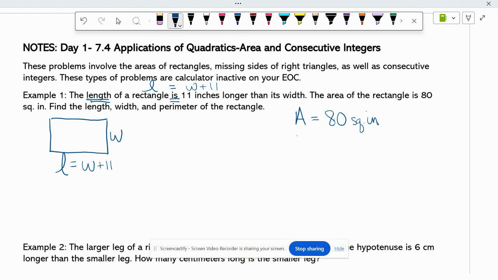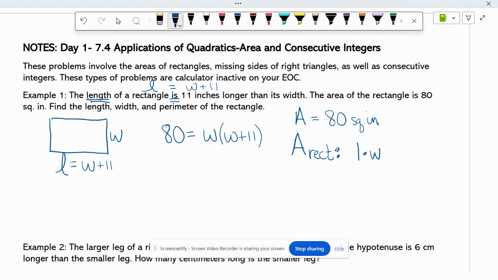How do I find the area of a rectangle? I know that the area of a rectangle is the length times the width. So let's do that. 80, which is the area, equals the length times the width, W plus 11.